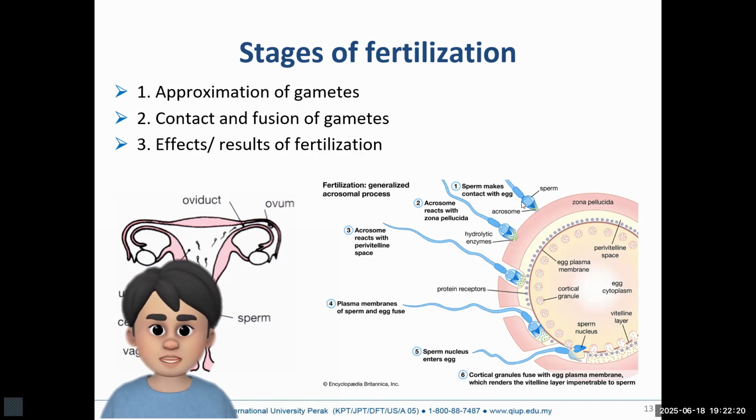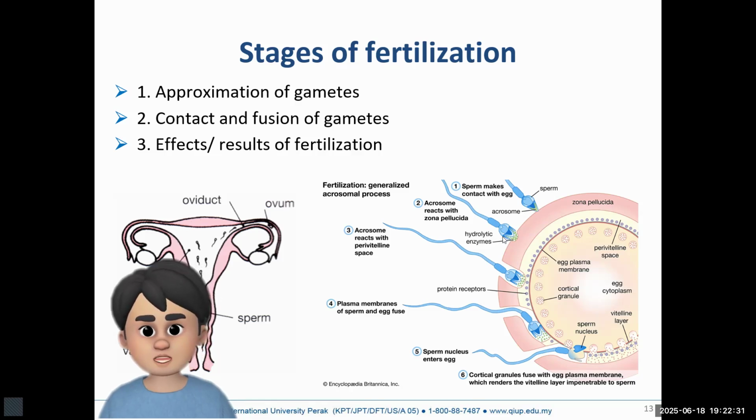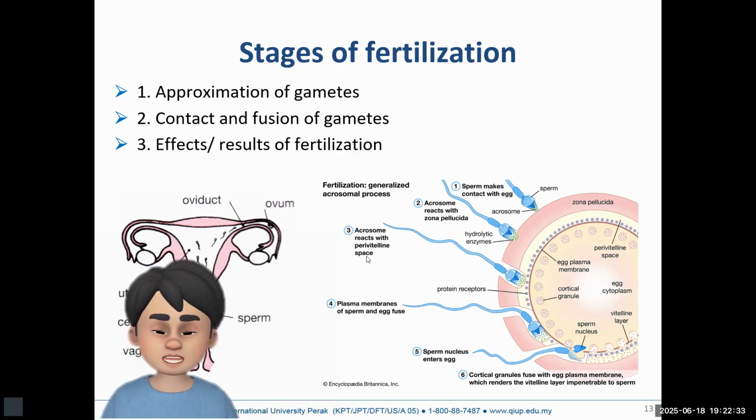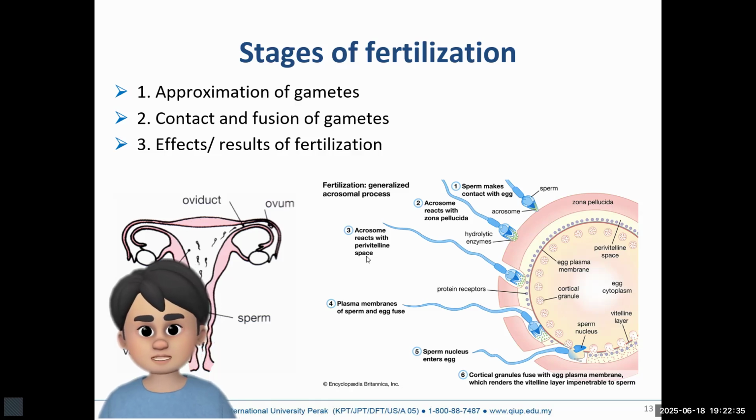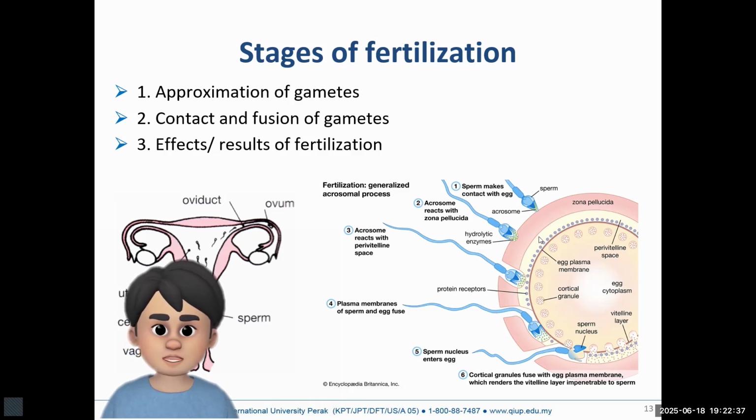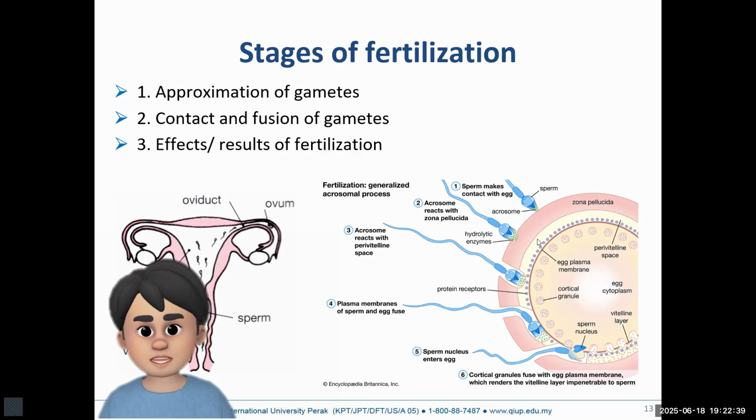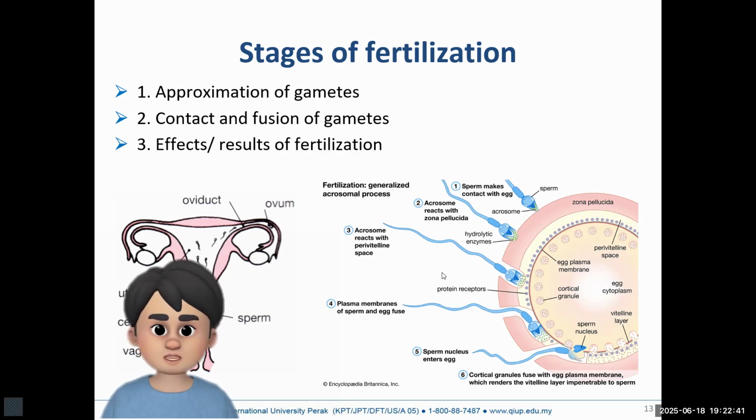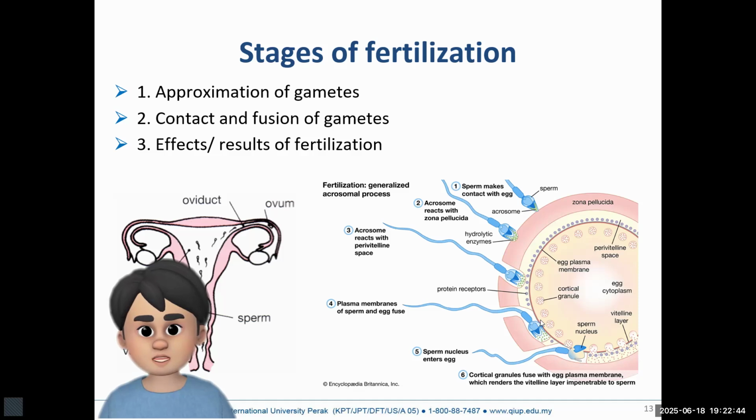We have learned this for our A level as well. The sperm makes contact with the egg. The acrosome reacts with the zona pellucida, with hydrolytic enzymes such as protease. Then the acrosome reacts with the perivitelline space, so here you get the space, right? Perivitelline space. The plasma membranes of sperm and egg fuse.